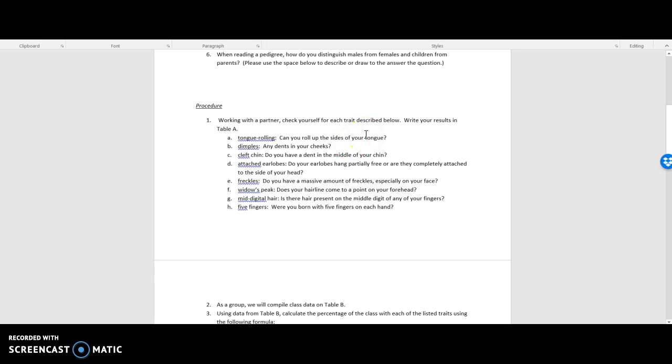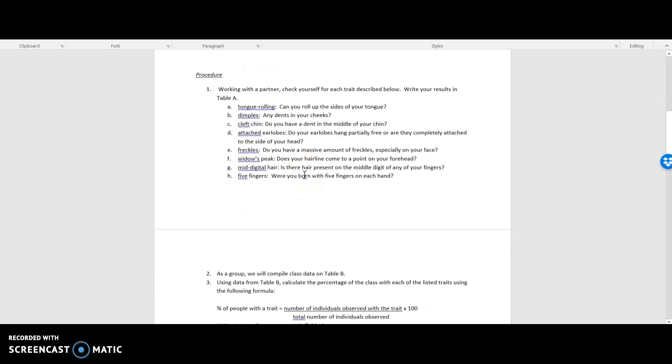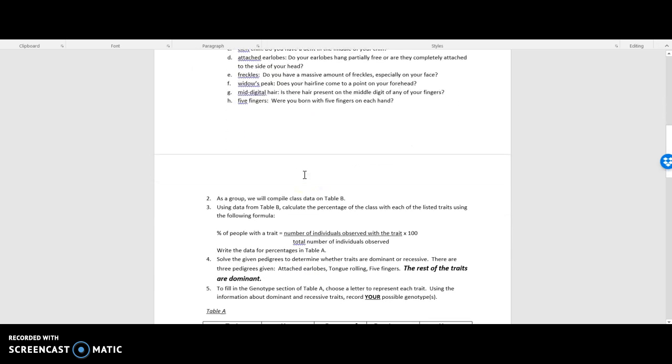Again, you need to work with somebody else to figure out if you have these traits. Under procedure for step 1, here are some other examples of them if you can't really tell from the pictures what they are.